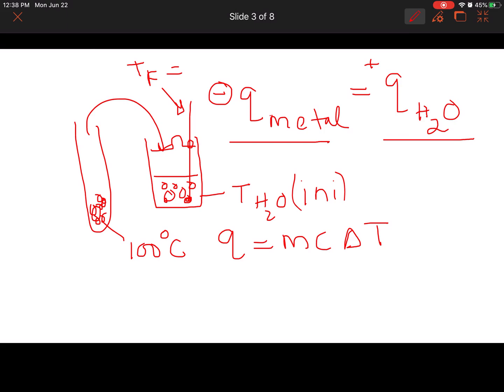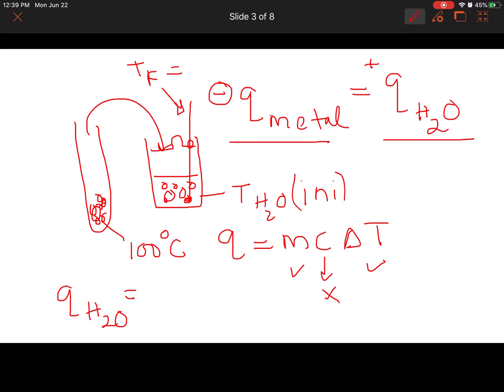First, we're going to find out which ones we know for all three, m, c, delta T. If you look at the metal, we are trying to find the specific heat of the metal, so C for the metal we don't know. We know the mass of the metal and the delta T. So can we find the Q for the metal? No, we cannot.